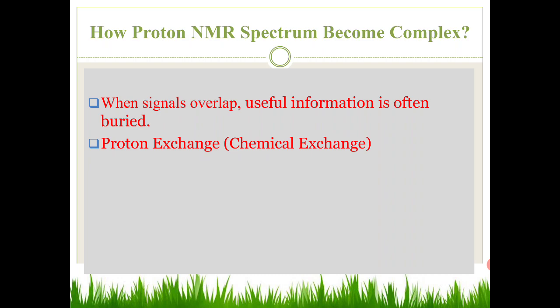You are supposed to get a single peak, but it may become two or it may become a broad one. We have discussed this in the previous class. Then hydrogen bonding. Sometimes the hydrogen bonding will be stronger, so the peak will not appear where we are expecting. Again, it may lead to overlapping or some complexities.